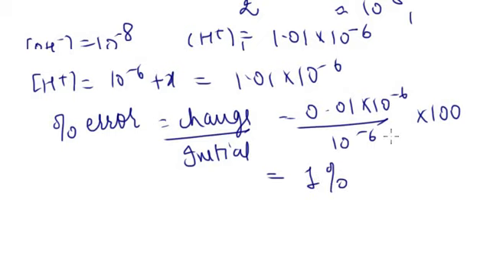So the change is 1% if we include the water; the error is 1%. So we can say when we are using 10^-6 molar HCl, the pH is approximately 6. But would it be valid when the concentration of HCl is 10^-7? No, that will not be valid.